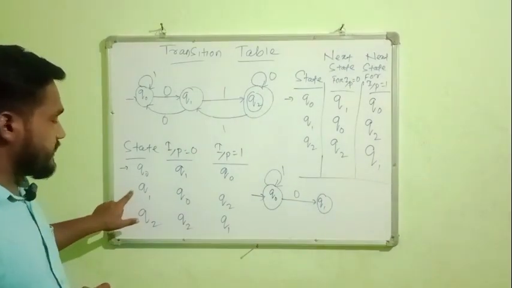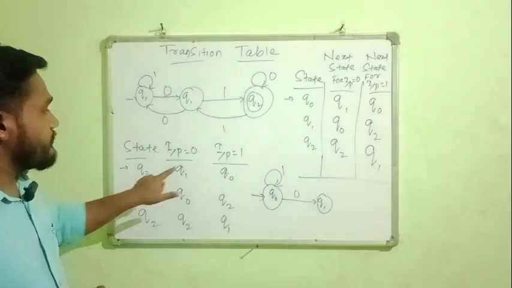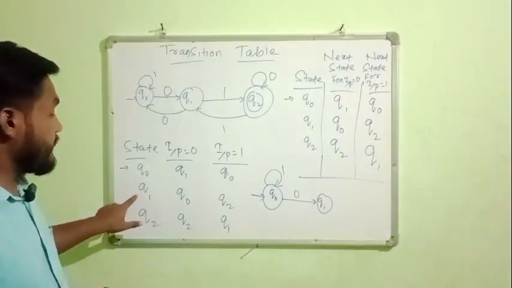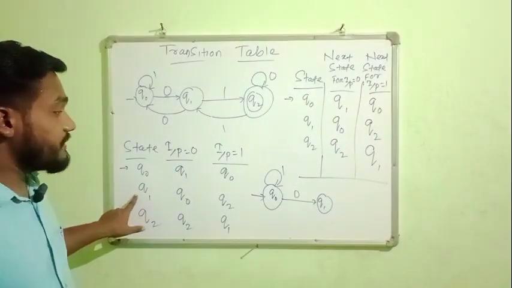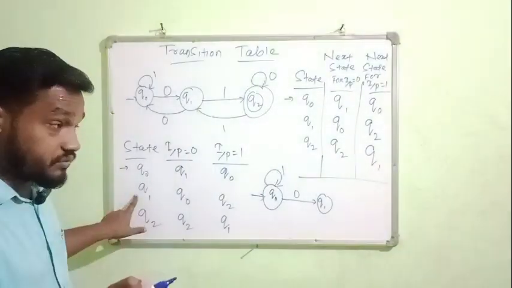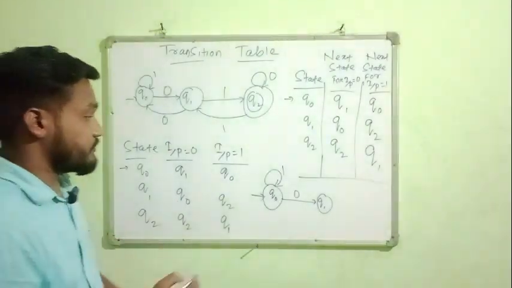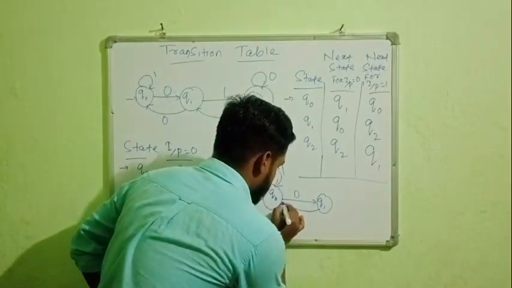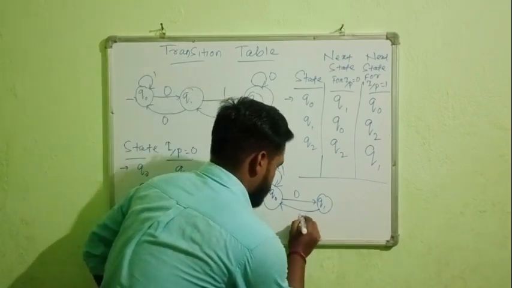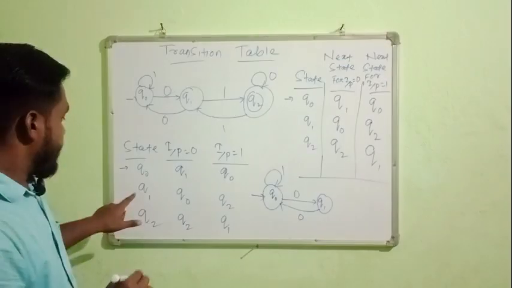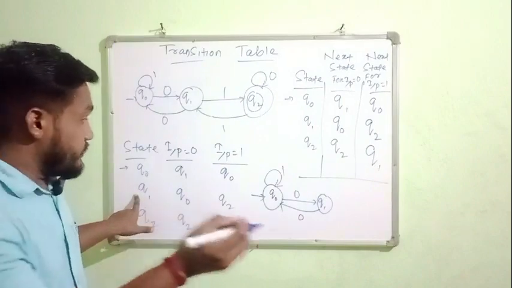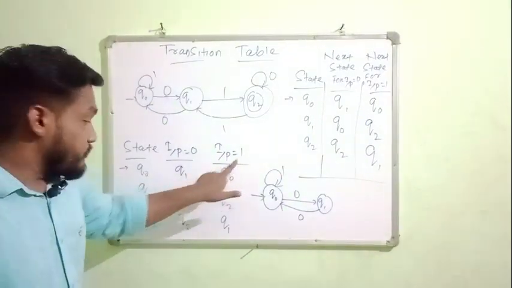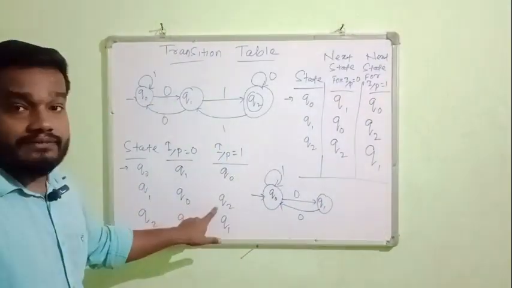Then we will move toward Q1. If we use 0 in the Q1 state, then we will arrive at Q0. If we use 1 as input in Q1, then we will arrive at Q2.